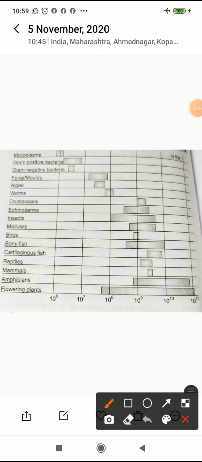Now C value paradox. So this chart gives an idea about C value in different groups of plants and animals. C value is the amount of DNA in the haploid genome of an organism.